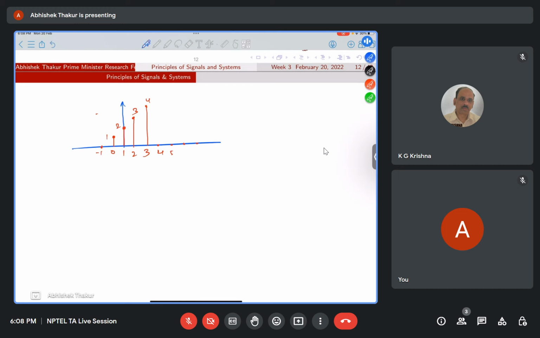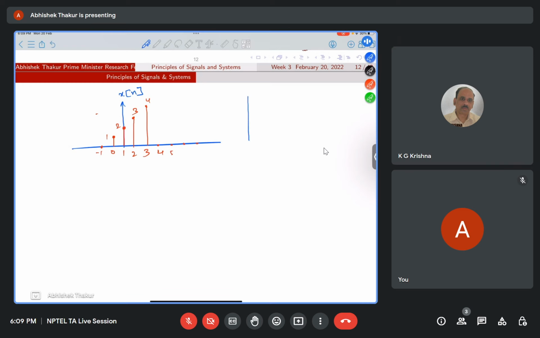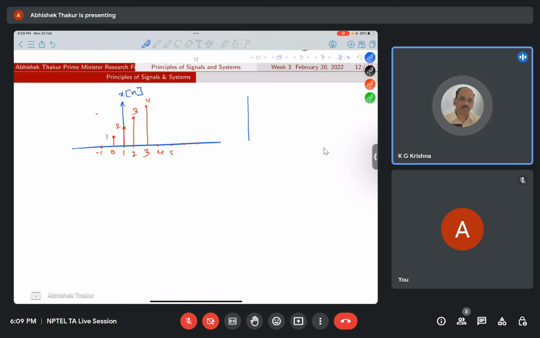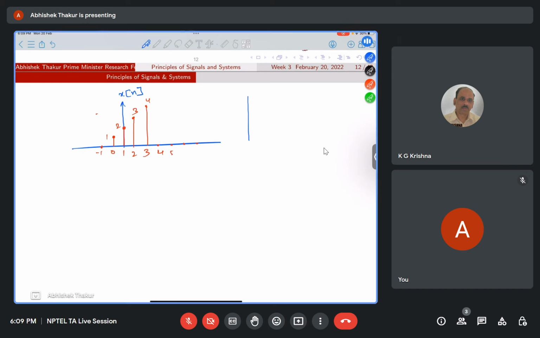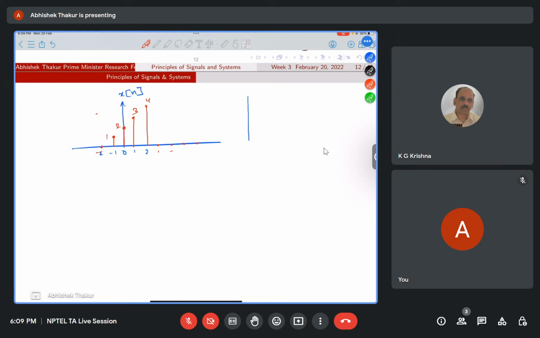So this is our x(n). Only a right-hand sequence, with nothing on the left? No, here I have taken, sorry, by mistake I have written that. This we can do 0, minus 1, minus 2.